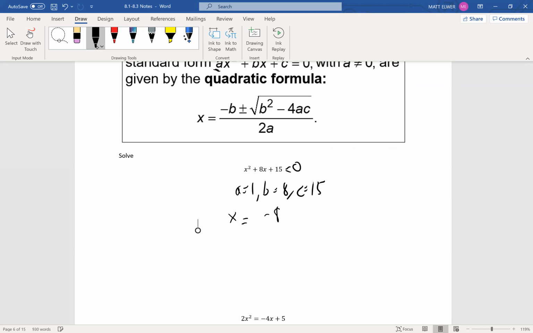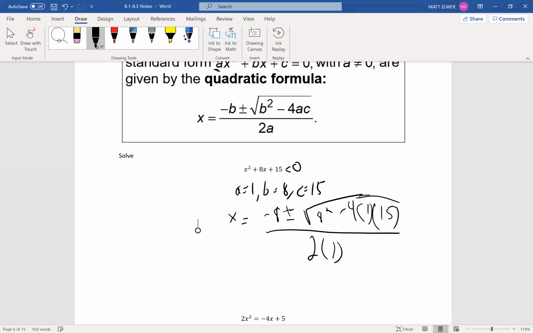So negative 8 plus or minus the square root of b squared, so 8 squared, minus 4 times a, which is 1 in this case, multiplied by c, which is 15 in this case, right? And then that's all over 2a, so 2 times 1.